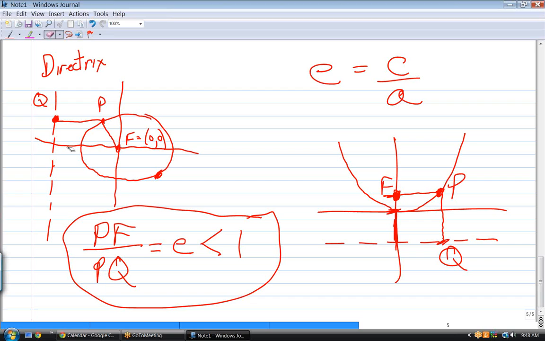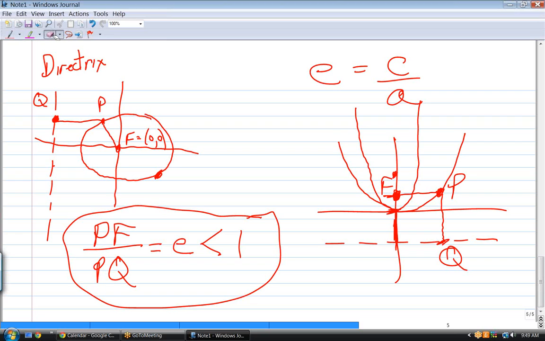Possibly. I bet its location is defined by the eccentricity of that ellipse. In the same way that the location of this directrix is defined by the steepness of that parabola. If I have a steeper parabola, the directrix is further away because the focus moves up, like that.